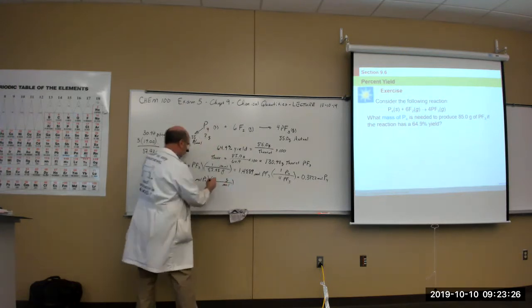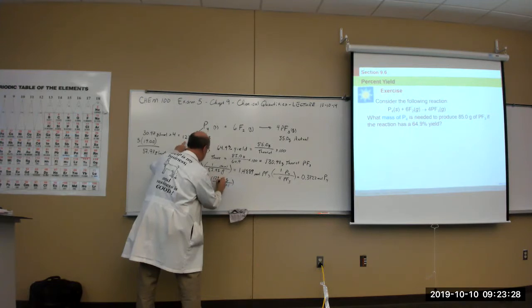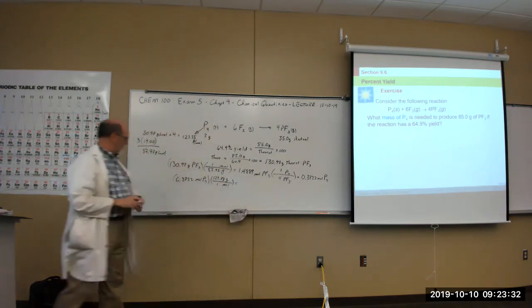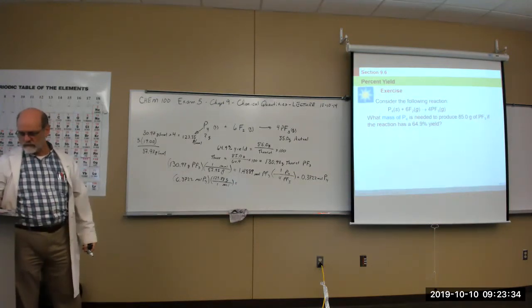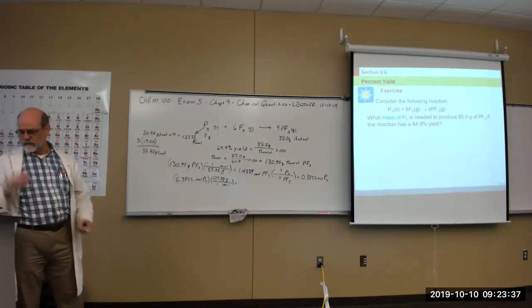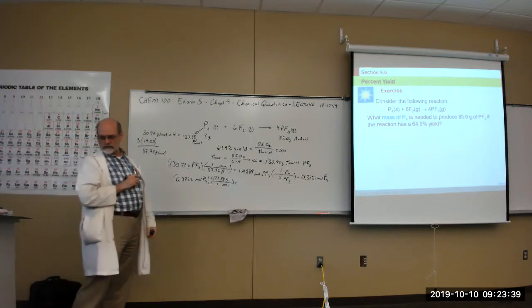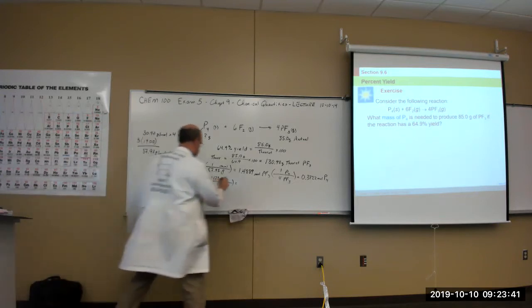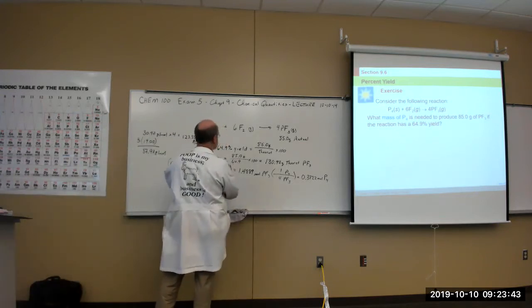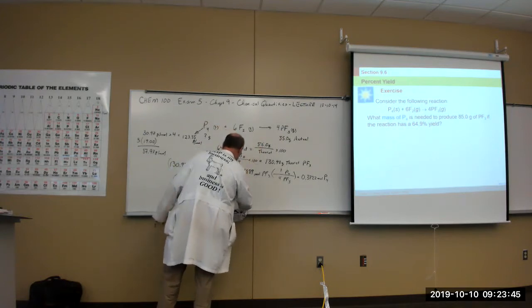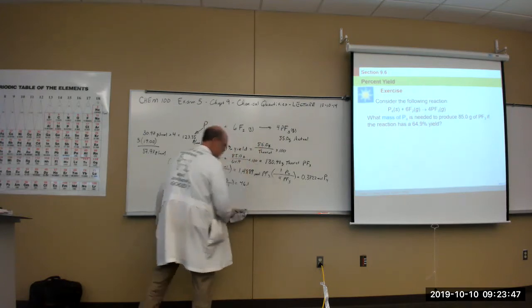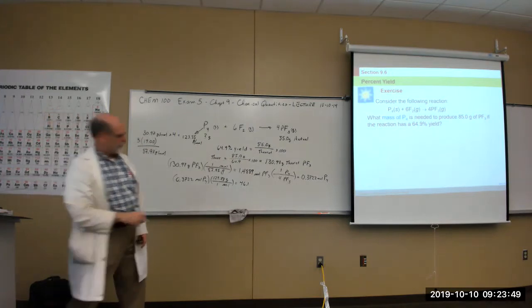So grams on top for 1 mole, 0.3722 times 123.88, is 46.1. Yeah, 3 significant figures. Did I say 46.1? Yep.